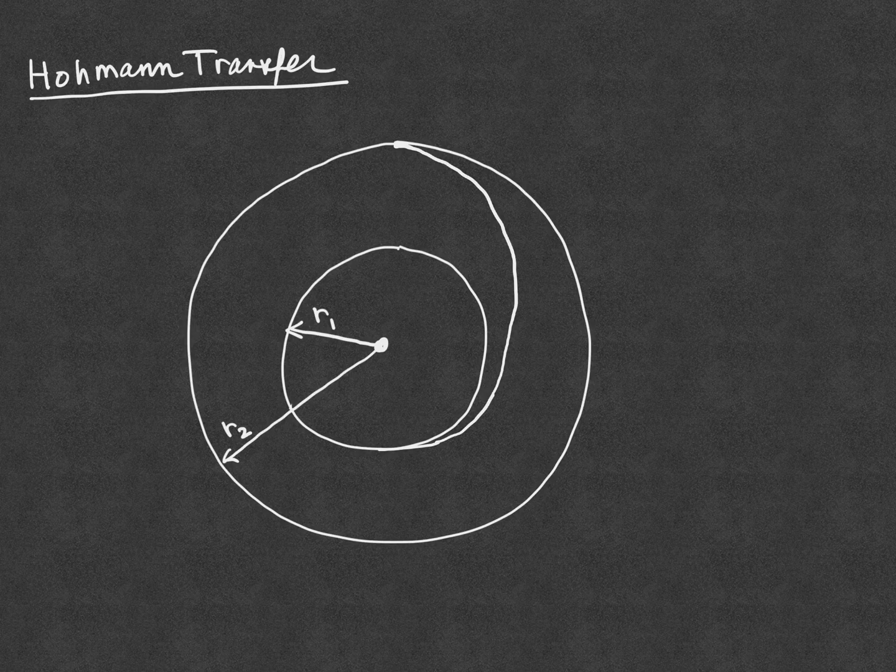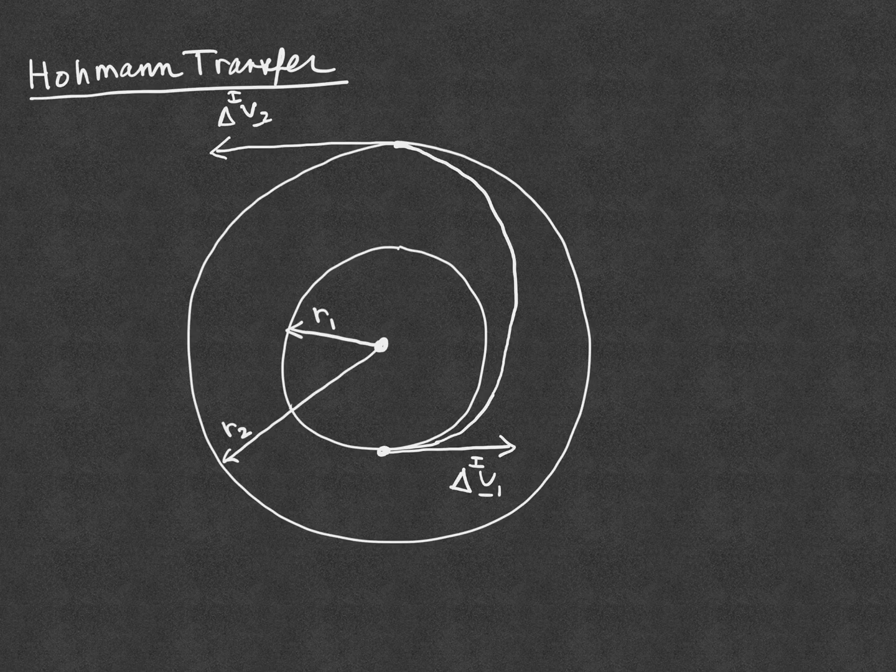So the first impulse, which is delta v1, is applied tangent to the initial orbit in such a way that the spacecraft now is on an elliptic transfer orbit that intersects the terminal orbit in such a way that the second impulse, delta v2I, is applied tangent to the second orbit.